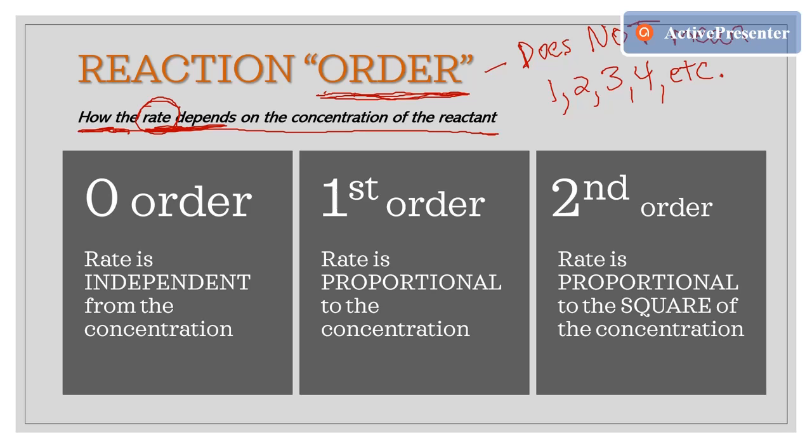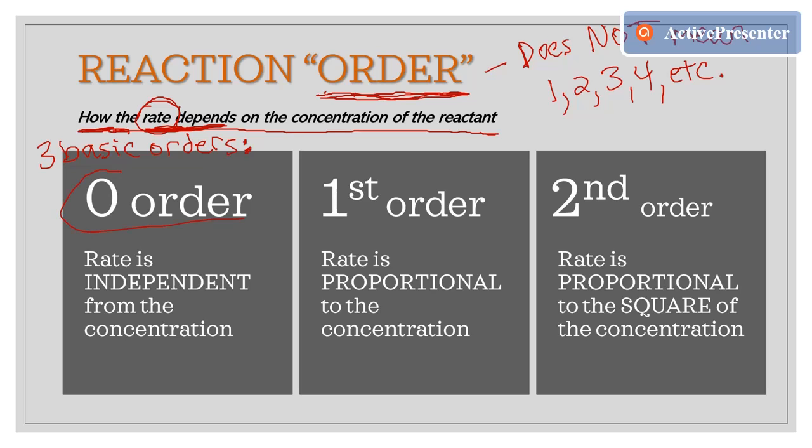And there are three basic orders that you're going to need to know for beginning Chem 2. There's more than this, but you don't need to worry about that for Chem 2. That's in more advanced chemistry classes. But there's three basic orders.